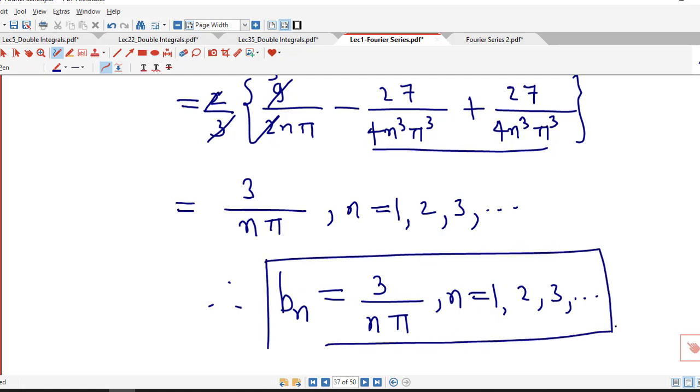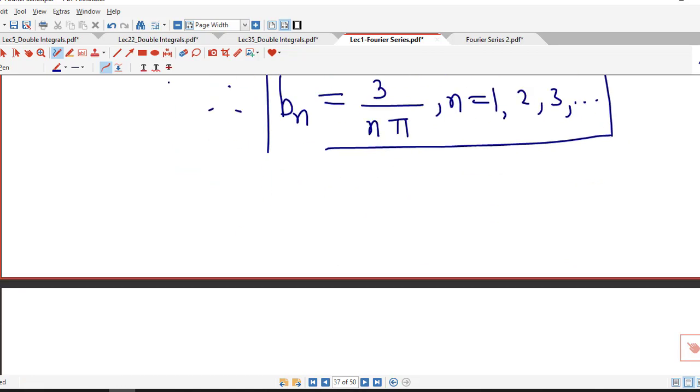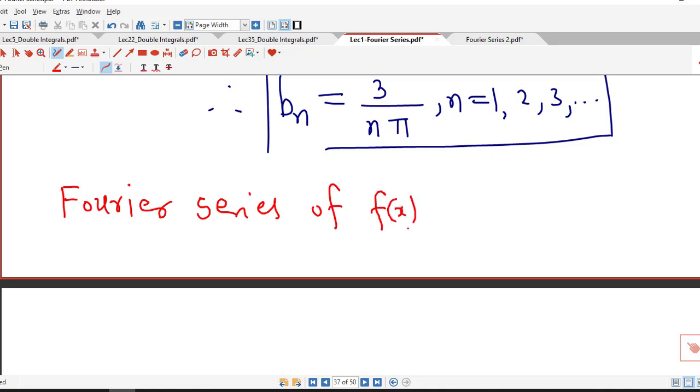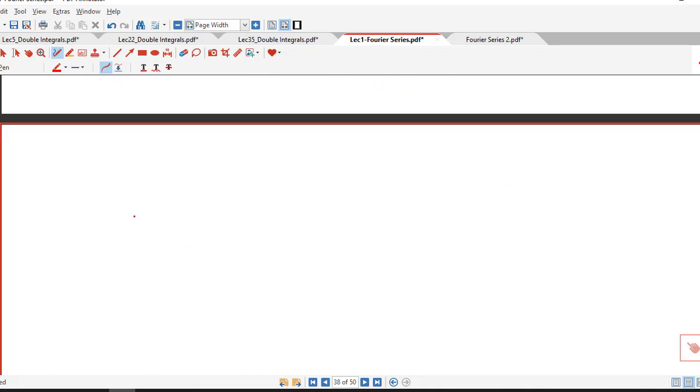So we have obtained all the 3 Fourier coefficients, so we are able to write down the Fourier series. So first we write down the formula for Fourier series of function of any period. Fourier series of fx is, here our function is continuous at every point, so we can write equality sign here.